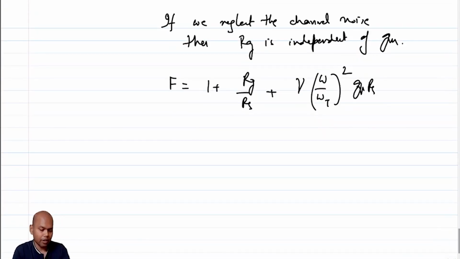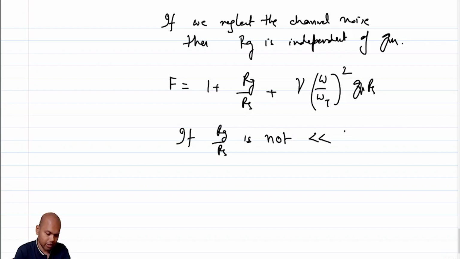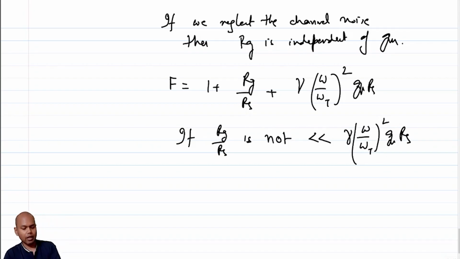So if, let's say, you are operating at omega close to omega t, and Rg by Rs is not very much less than gamma omega by omega t whole square times Gm times Rs, then obviously you cannot neglect Rg over Rs, right? So in that case, some sort of optimization can be done.